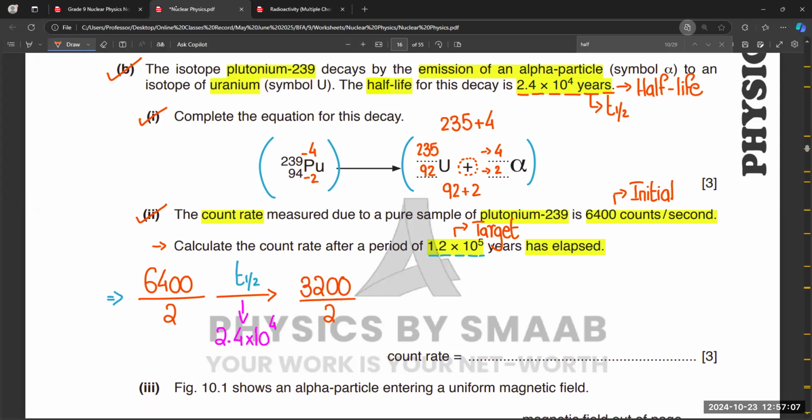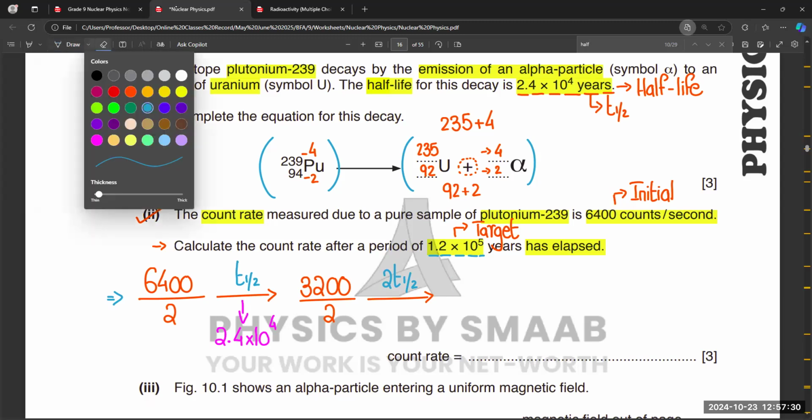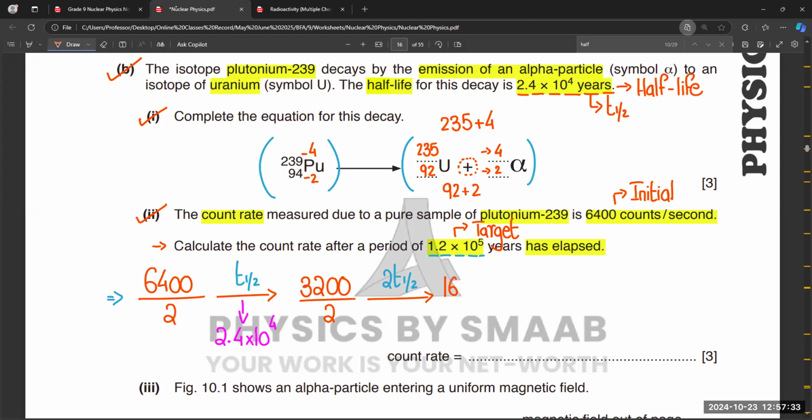Now if we perform another half-life, it will be equal to 1600. And what will be the time? Initially for the first half-life we got time 2.4 exponent 4.